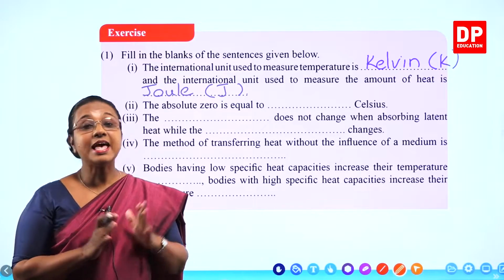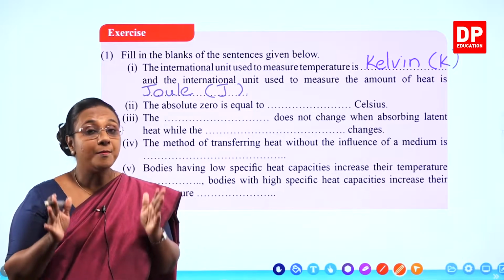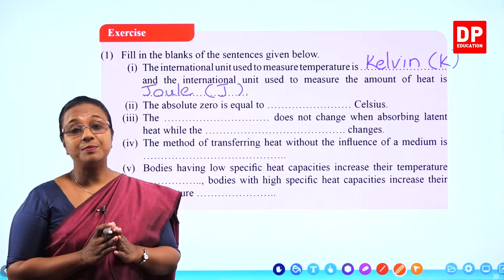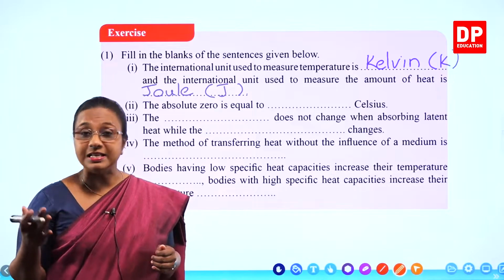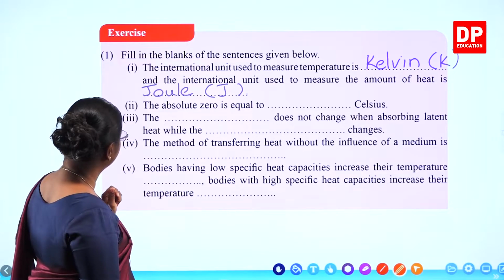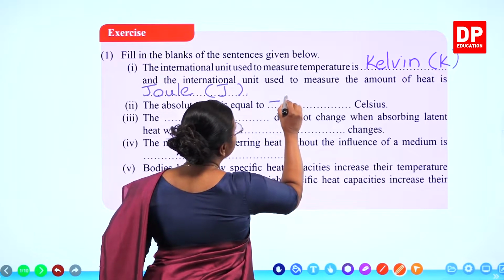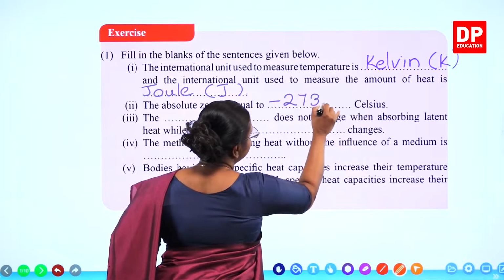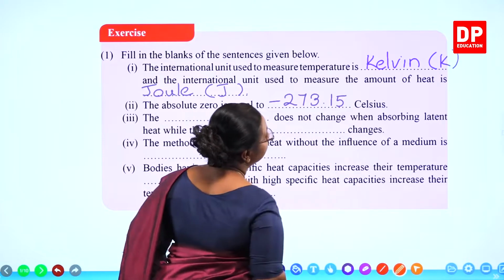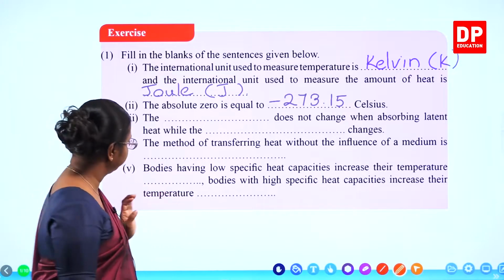That is the exact absolute zero temperature in degrees Celsius. But for our calculation purposes, we take it as minus 273. So, since this is a fill in the blank question, the absolute zero is equal to minus 273.15 Celsius. So, I am writing the exact value.